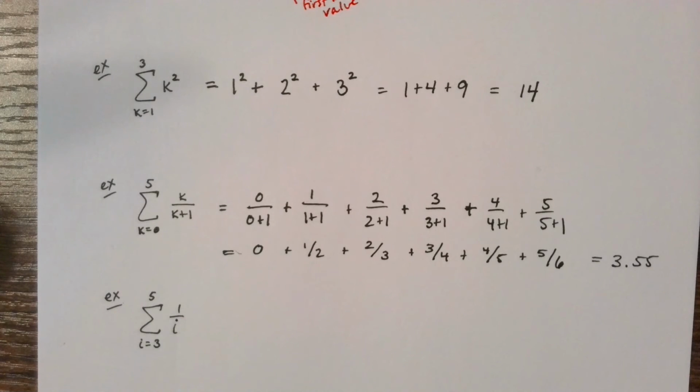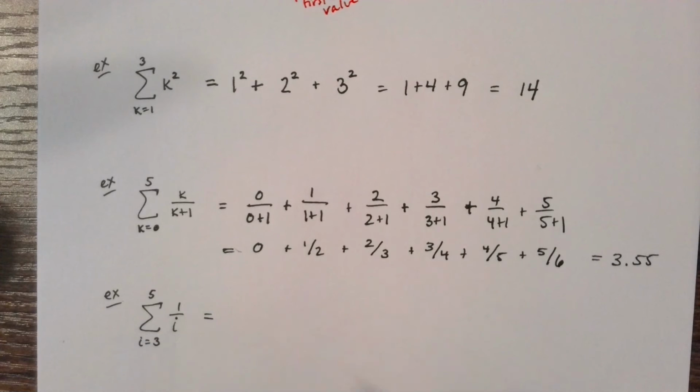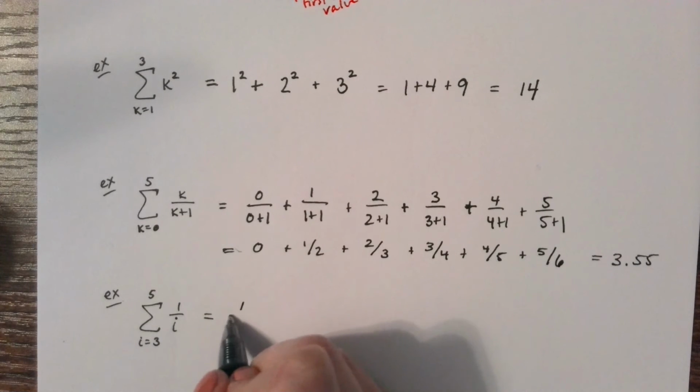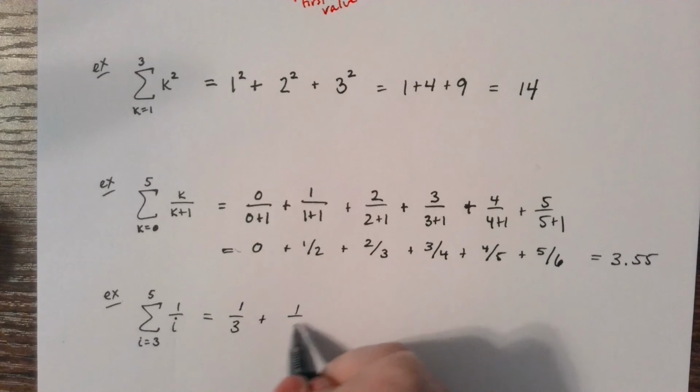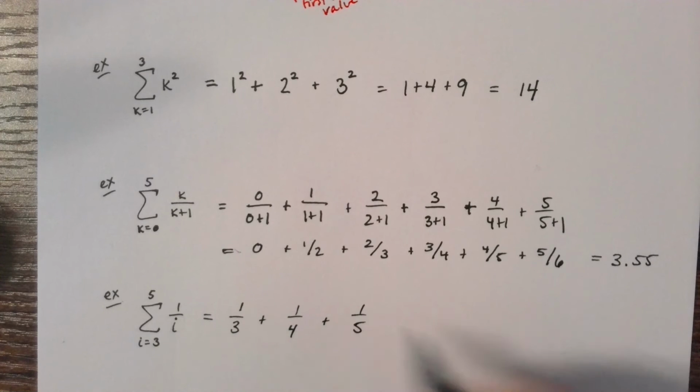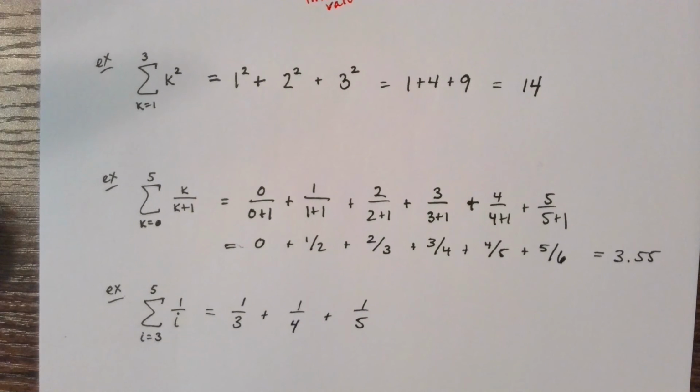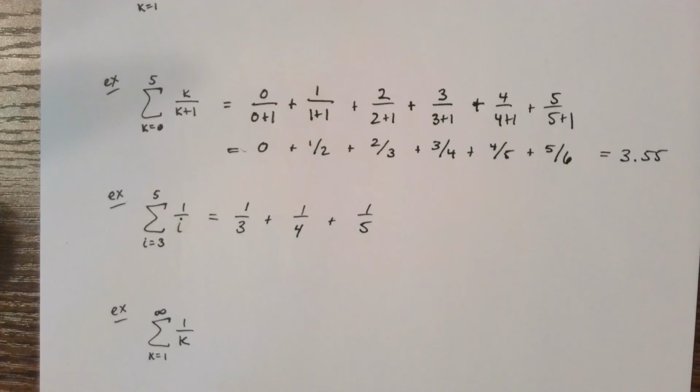Okay, so this one we have the sum from I equals 3 to 5 of 1 over I. So now I'm plugging in I equals 3, I equals 4, and I equals 5. I didn't pre-compute this one, but this is just some number. It works the same way with an I as opposed to a K or an N, which we'll see a lot of.